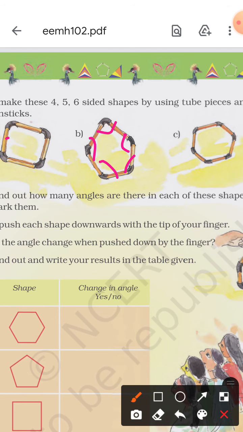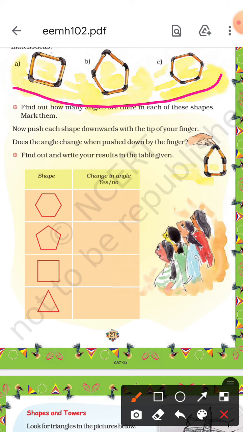So if we push all these shapes downwards with the tip of the finger, like that way it is seen here, then we can have all these results. In the first figure, if you push with the tip of the finger, yes, there will be a change in angle.